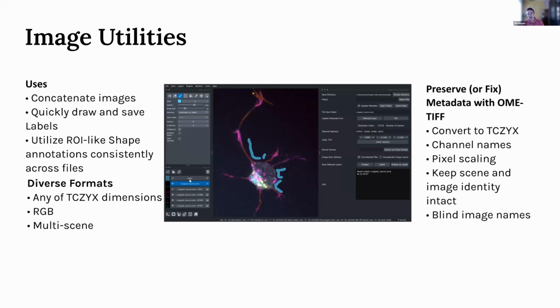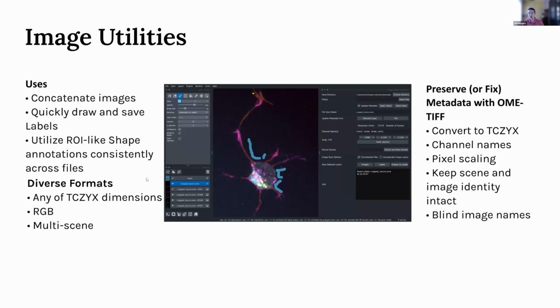But it also enables us to, for example, this shows a sparse annotation that we would use for machine learning, just quick labels on top. Now the widget looks different than when I presented it at Bina, but we can hit the Save Selected Layers button, and that stores all of that with the metadata compatible and the file name compatible, so that we maintain image parity throughout a processing pipeline.